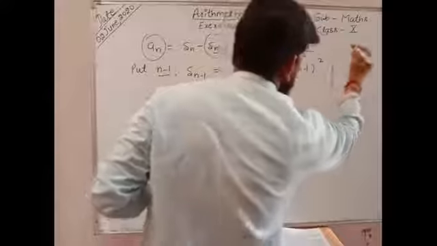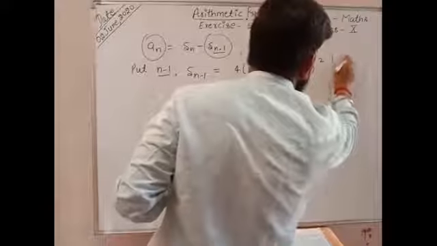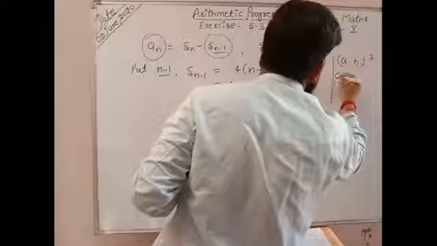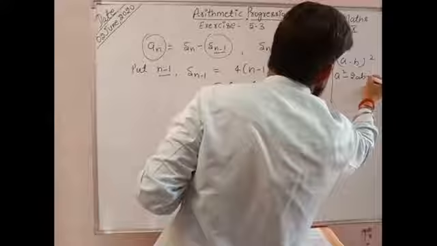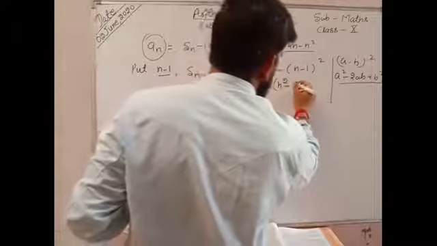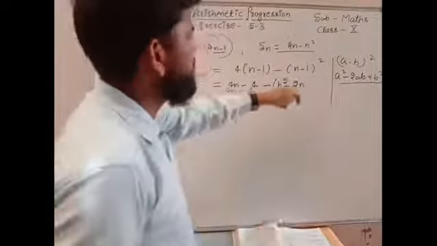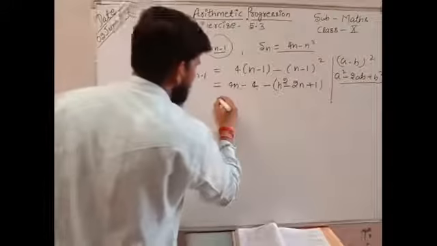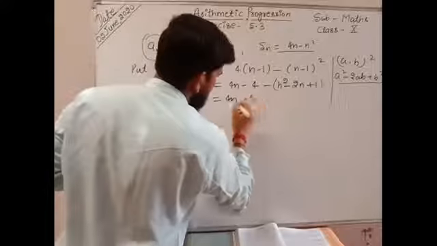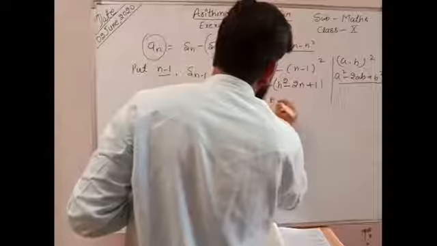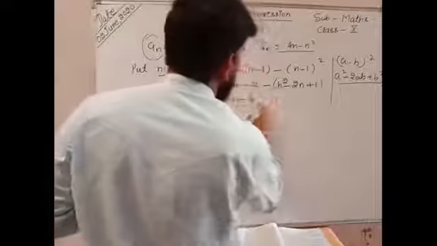We can calculate it with the help of the identity (a minus b) whole square equal to a square minus 2ab plus b square. So this is equal to n square minus 2n plus square of 1, that is 1.